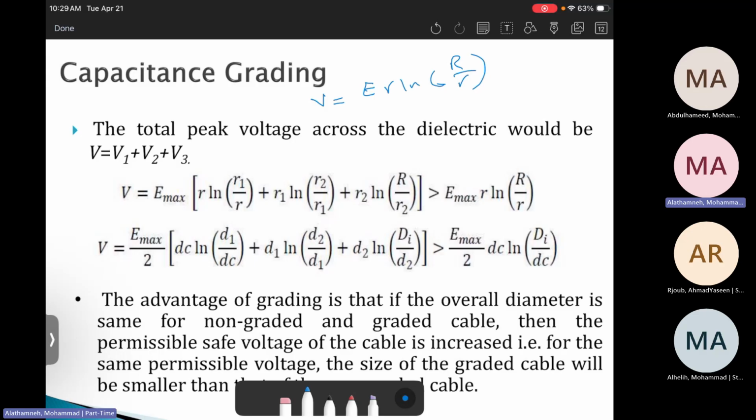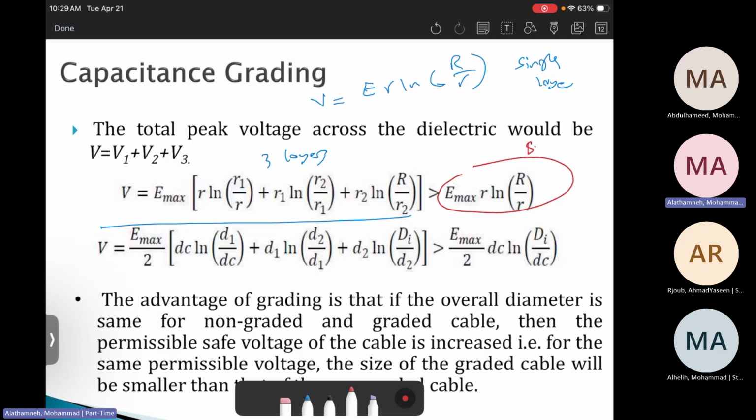But here, that is if it is single core or single layer. Here we have 3 layers, so it will look like this. You can compare it with the single layer formula. This is a single layer, and this is the multi-layer.